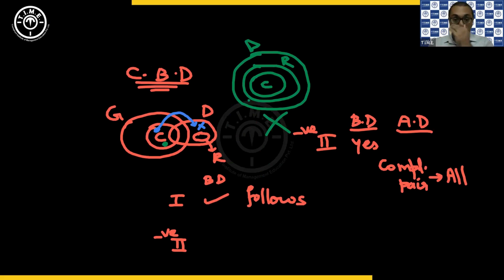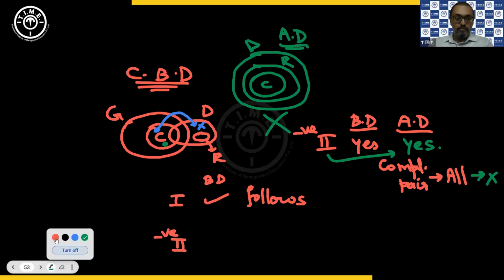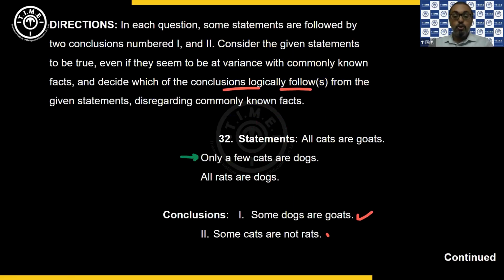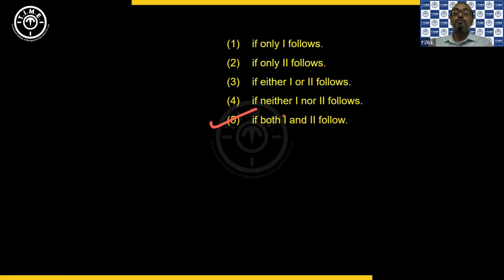So the alternate diagram fails. So the complementary pair fails. That means the given negative still continues to be a yes. So I can clearly say that conclusion 2 also follows. So my answer for this is both 1 and 2 follow.